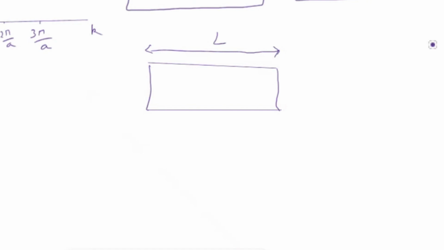So k of n will be n pi upon L, where L is much greater than a. What does that simply mean? That if L is very big, k will be very small. So it means the energy spacing will be very closely spaced. So the energy spacing between them will be very small as L increases, or as L decreases as we go to very small dimensions, the energy separation between the different energy levels will increase.